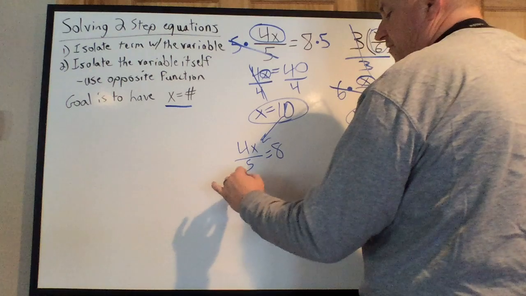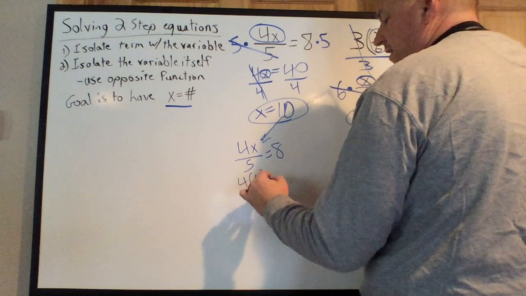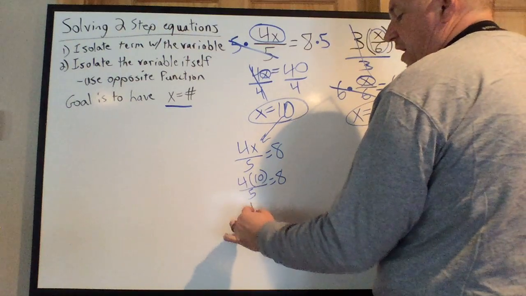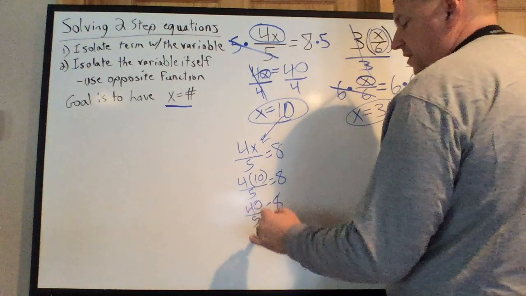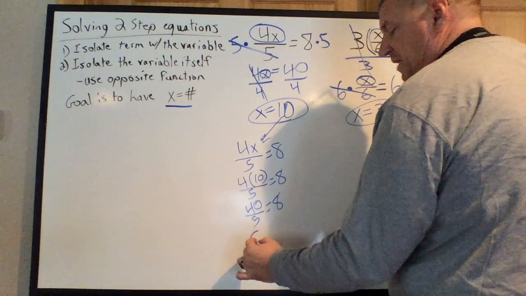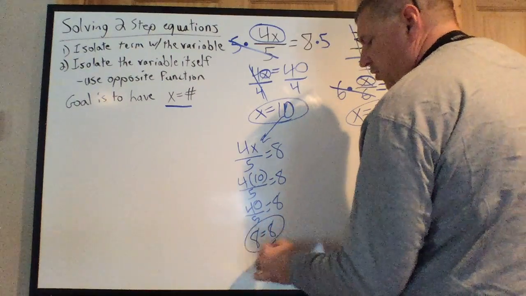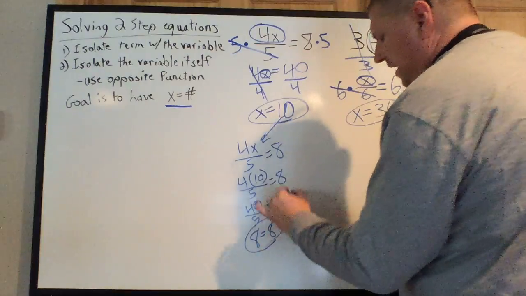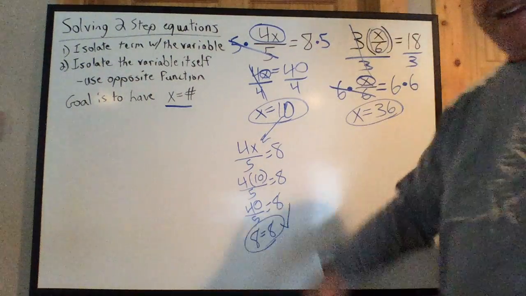So we have 4 times 10 divided by 5 equals 8. 4 times 10 gives me 40 divided by 5 equals 8. And 40 divided by 5 gives me 8 equals 8. Those two being the same thing on both sides of the equation tells me that my solution of a positive 10 when I solve the equation is correct.